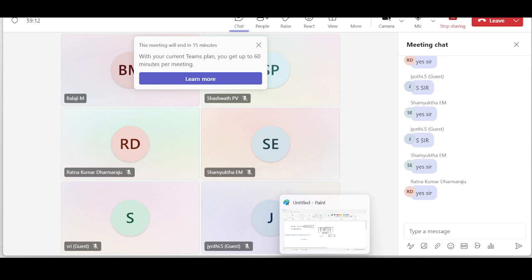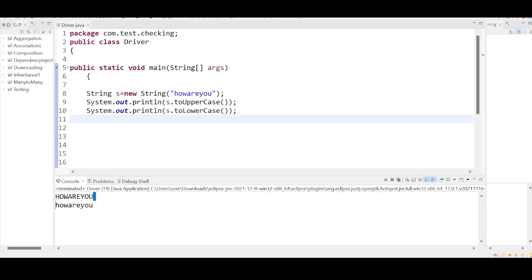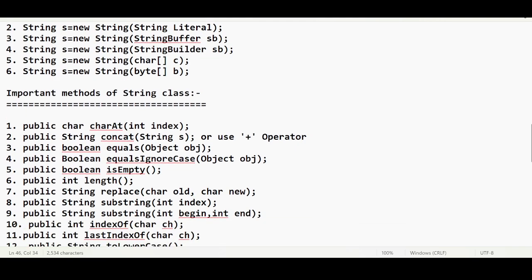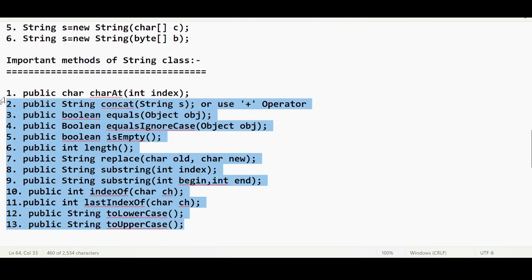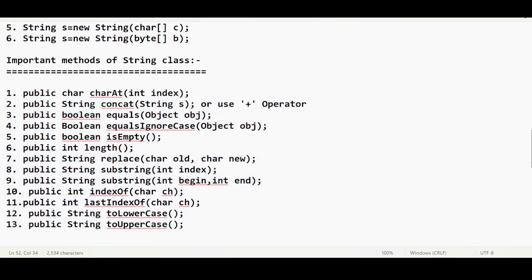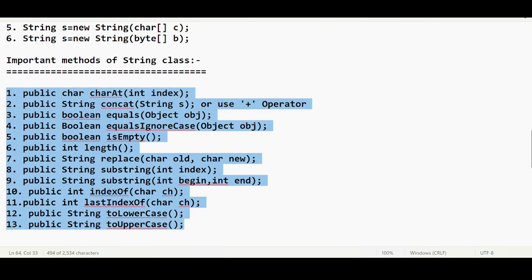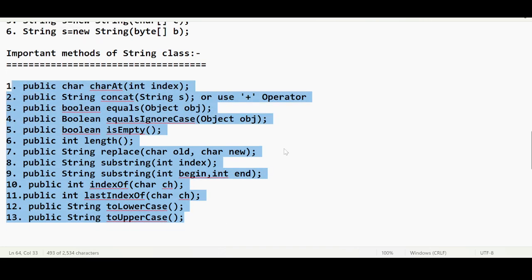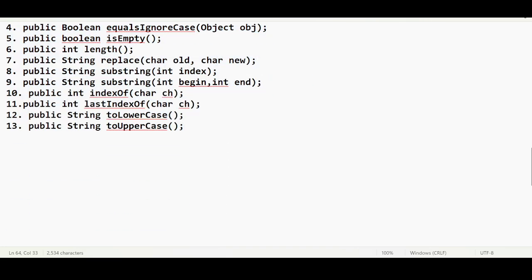Take an online compiler, try all these methods and combinations, and try to execute the programs by yourself. Don't memorize these methods; just type everything in programmatic form. Then these things will be very clear. Tomorrow we will develop a small application on this.